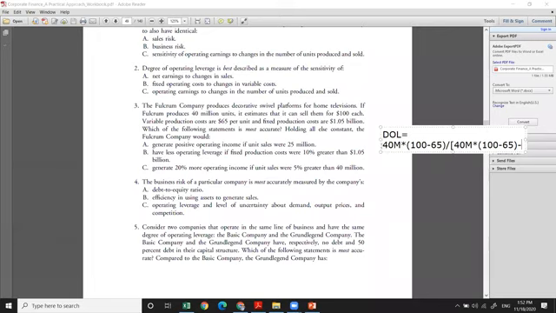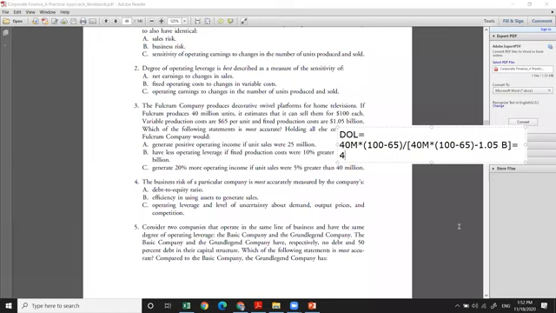it's minus the fixed production cost, which is 1.05 billion. And if you calculate, that should give you 4.